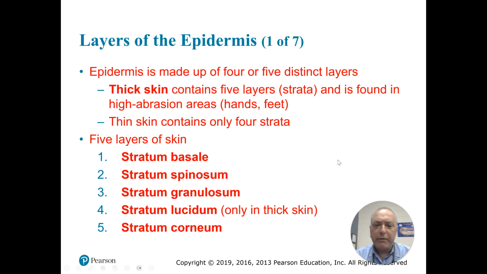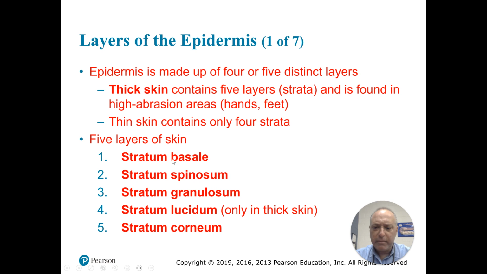So the epidermis is made of 4 or 5 distinct layers. In thick skin, there are 5 layers. This is skin in areas of high abrasion, like the palms of the hand, the soles of the feet. Thin skin just contains 4. So let's look at thick skin first.